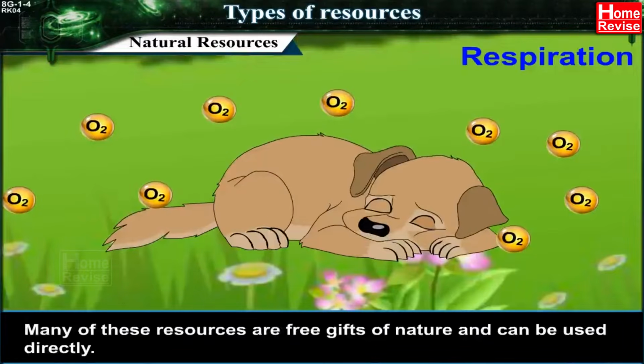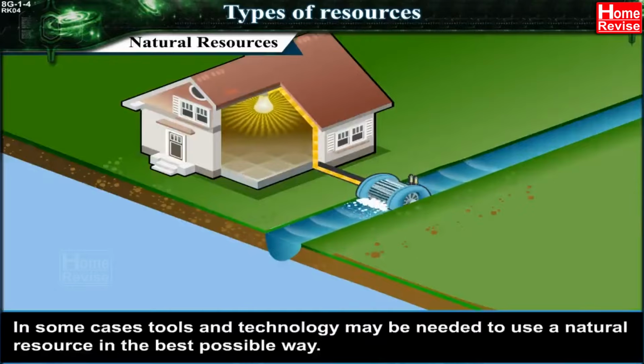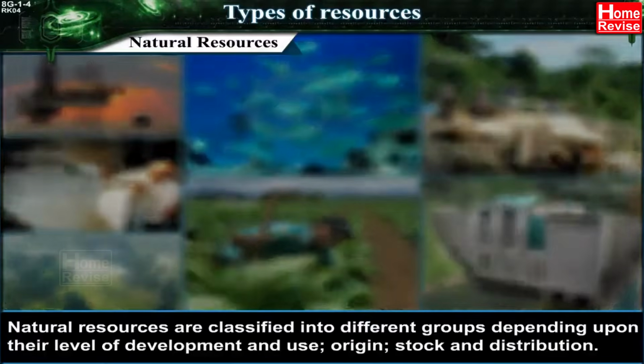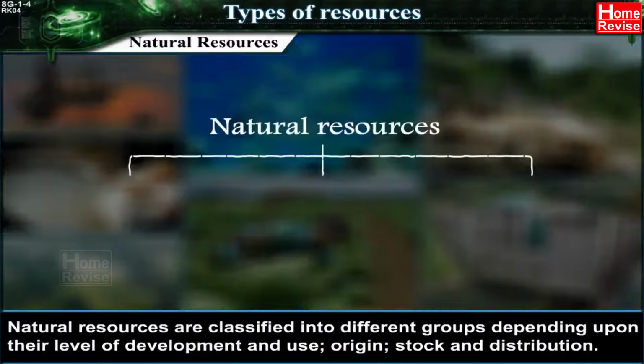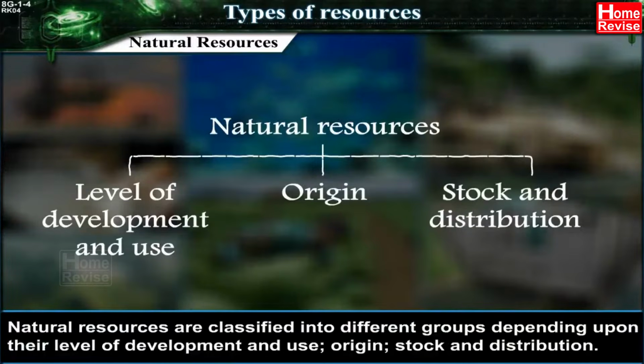Many of these resources are free gifts of nature and can be used directly. In some cases, tools and technology may be needed to use a natural resource in the best possible way. Natural resources are classified into different groups depending upon their level of development and use, origin, stock, and distribution.